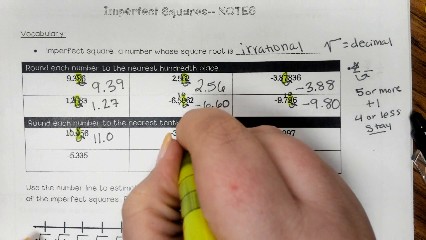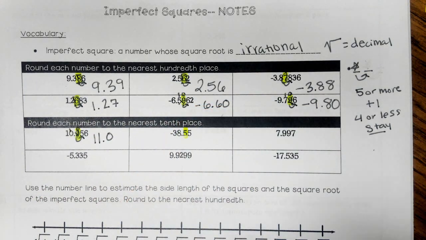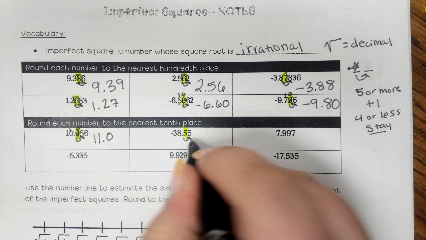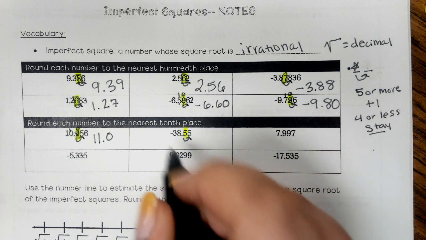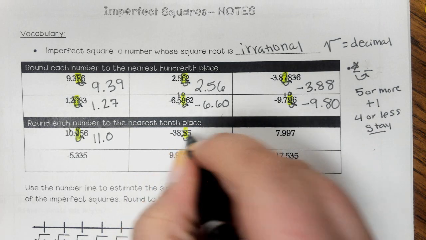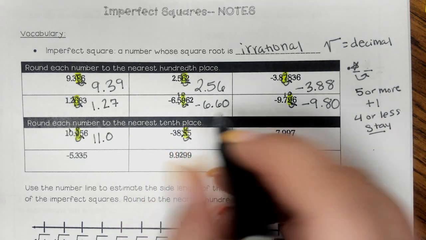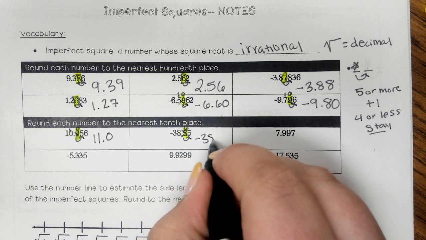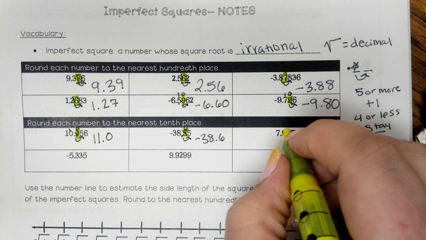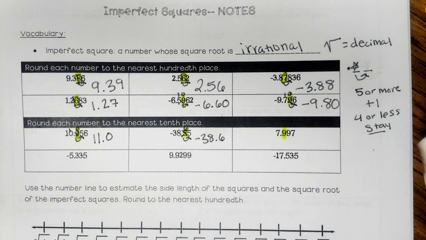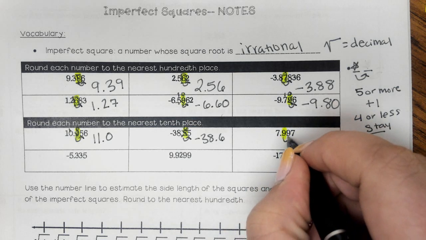My next 10th spot is a 5, and directly behind the 5 is a 5. 5 falls into 5 or more, so I'm going to add 1 to the 5, and that makes it a 6. So now we have negative 38.6. Looking at the next 10th spot, that's a 9. Look behind it to decide how to round.